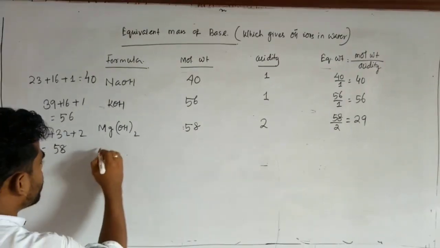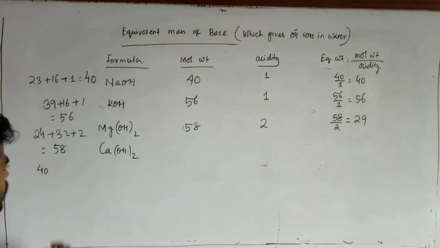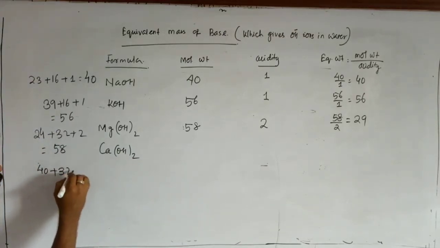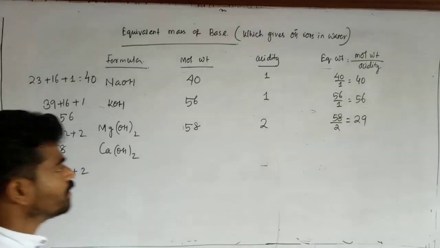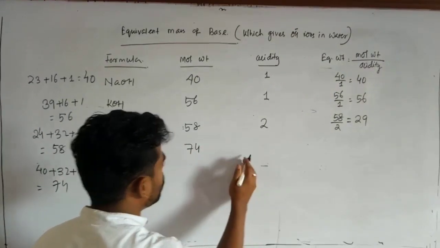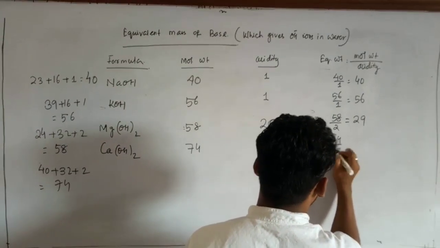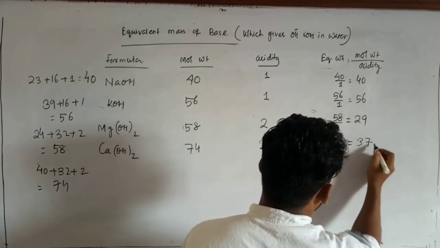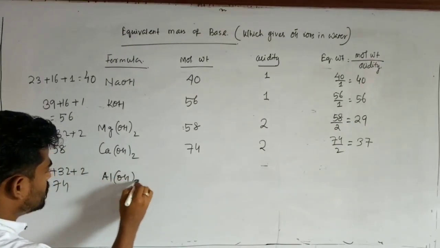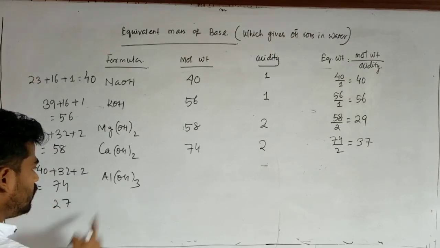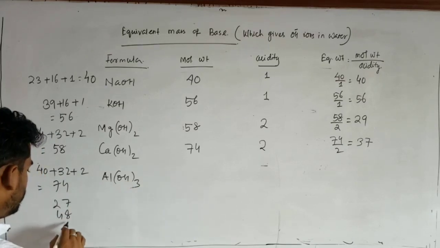Next, calcium hydroxide: for calcium you can add 40 plus 32 plus 2, that will be 74. Its acidity will be 2, so you get 74 upon 2, 37. Next, Al(OH)3: aluminum 27, 3 oxygen, 16 into 3, 48, 3 hydrogen, 3.